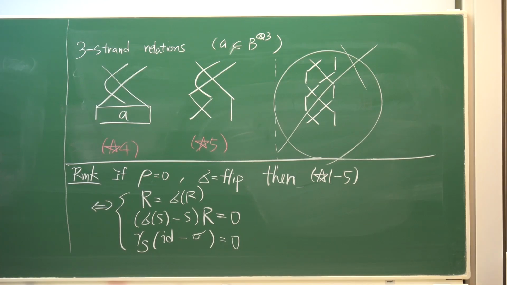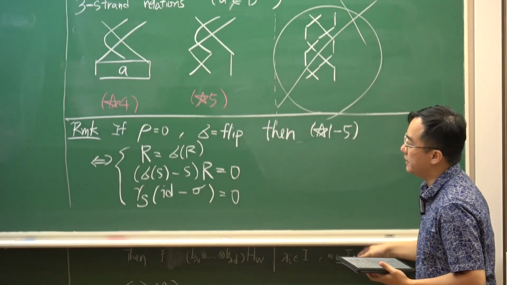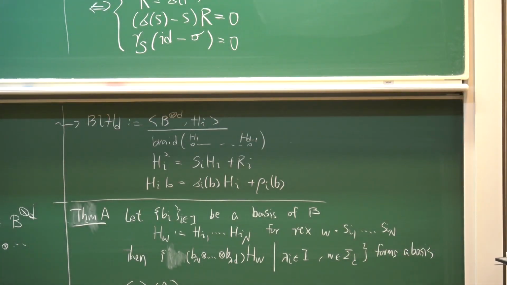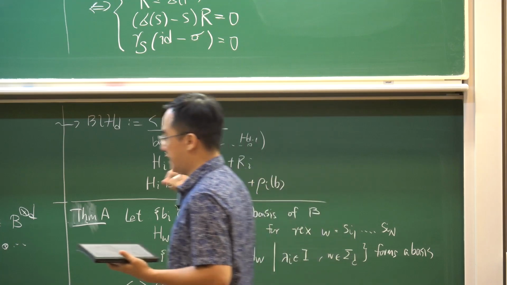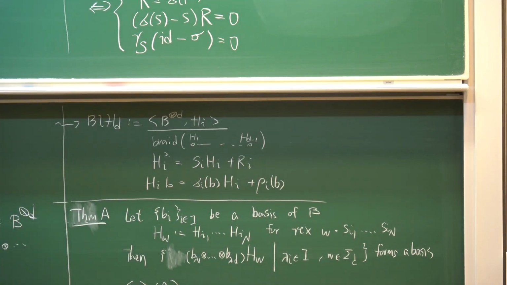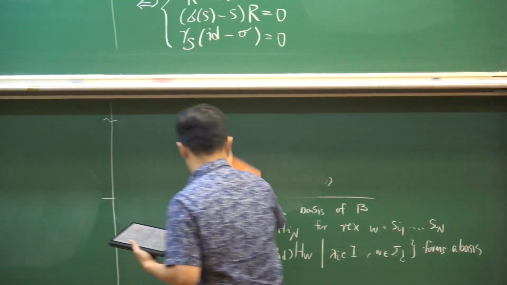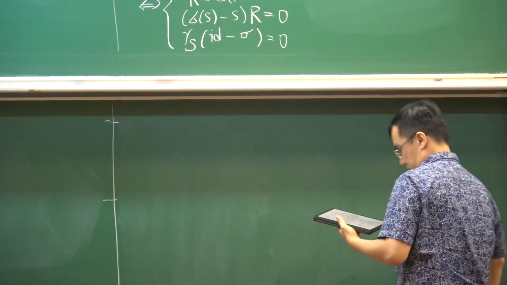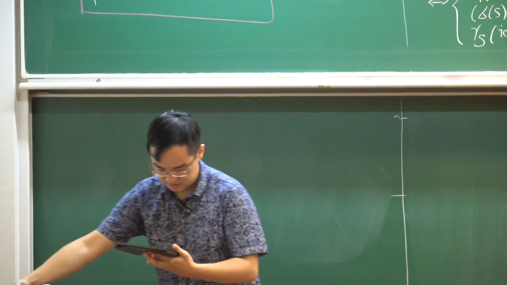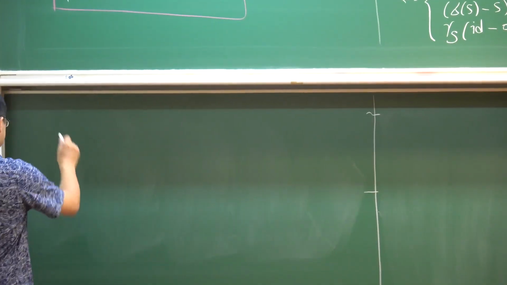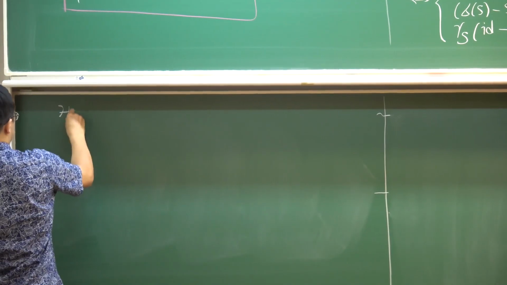Okay, so with this in mind, let's talk about how you realize these algebras in the literature as a constant Wreath product algebra. So let's look at the Hecke algebra again.